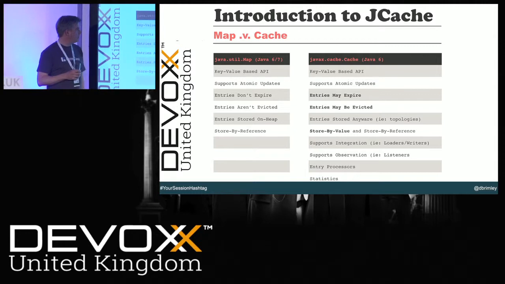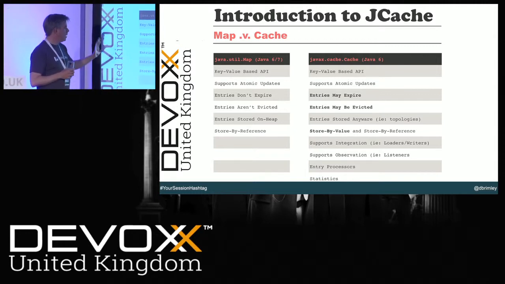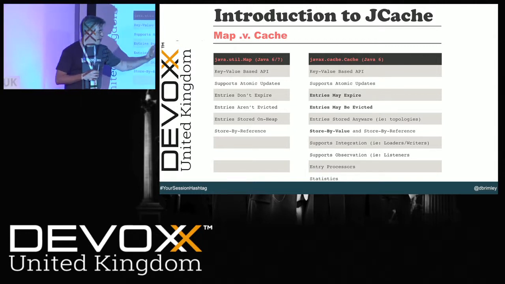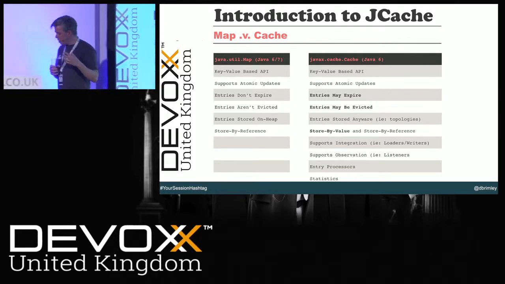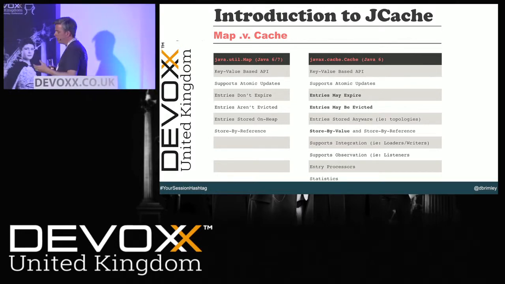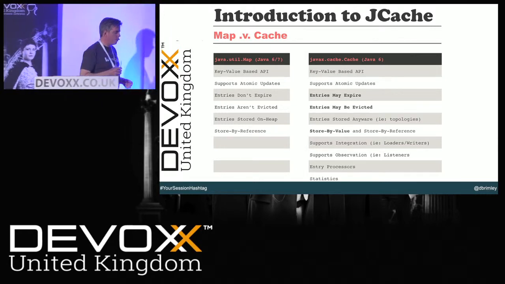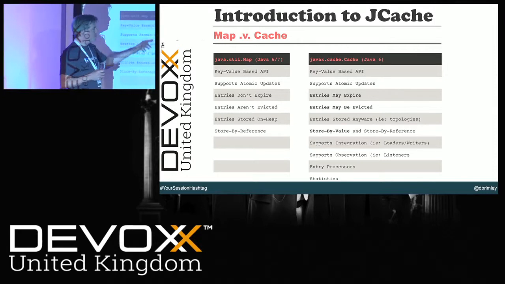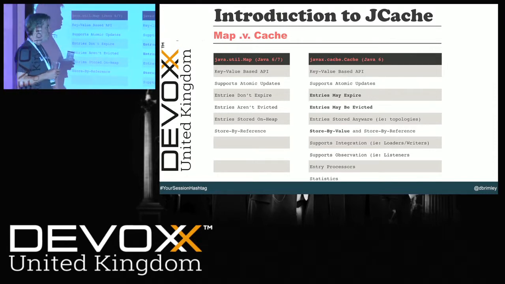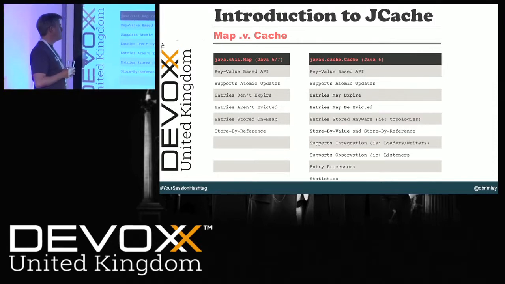And there's the features that you get in the map. Now, there was a deliberate choice they made. They didn't just say we're going to work with a map. They've come up with a structure that resembles a map. It's actually a javax cache. Okay, so they're both key value based. They both support atomic updates.